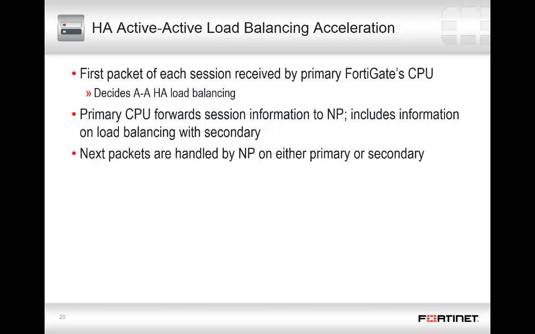In this case, due to active-active HA, the next packets in the session might not be sent to the same NP on the same FortiGate. So session information is also sent to the NP on the HA secondary FortiGate. Subsequent packets are therefore accelerated regardless of whether they arrive at a primary or secondary FortiGate.